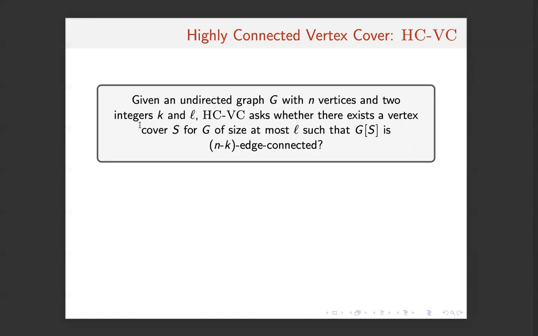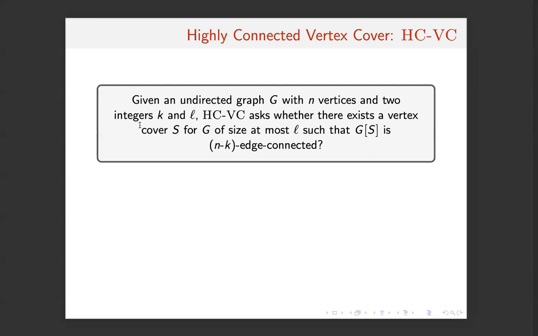Clearly, from the theorem we have proved, if the graph induced on S is n minus k edge connected, then every vertex has degree at least n minus k. So those vertices which have degree less than n minus k are of no use for our case.